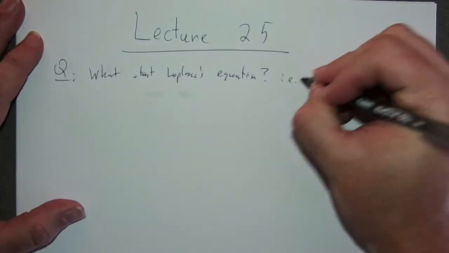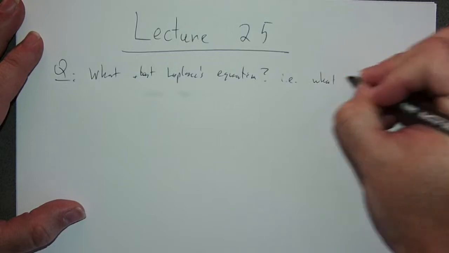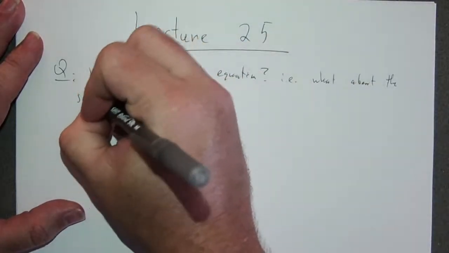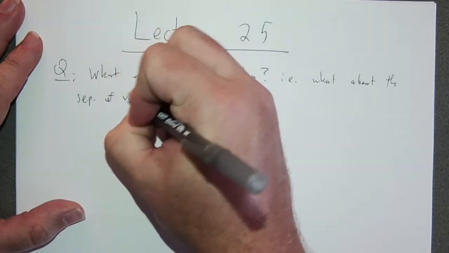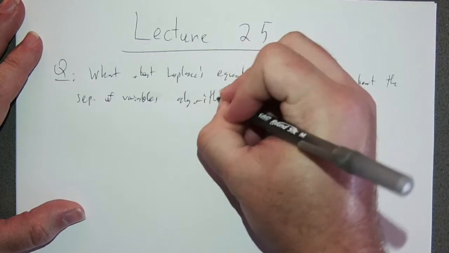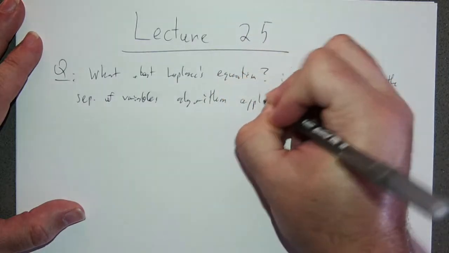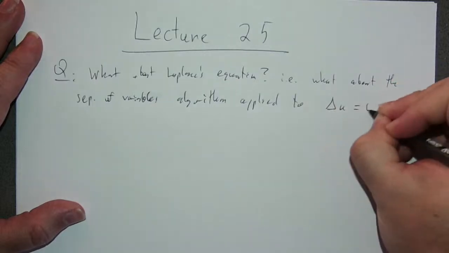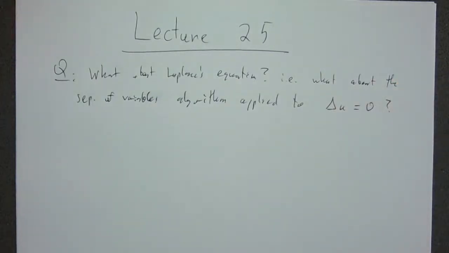I.e., what about the separation of variables algorithm applied to Laplace's equation, right? Laplacian of u is equal to 0.